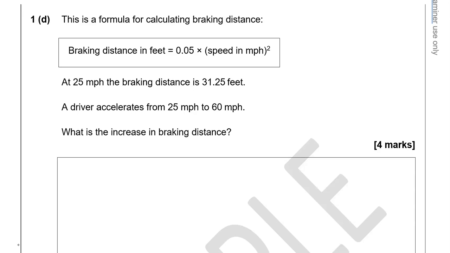What's the increase in braking distance? So for 25 miles per hour, we've got the braking distance worked out for us. We are gonna work this out now for 60 miles per hour. So we'll go 0.05 times the speed, which is 60 squared.